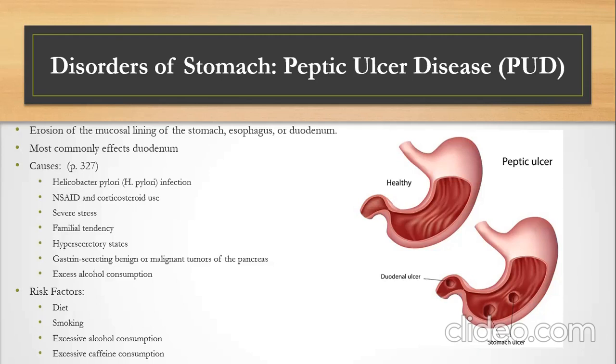Causes, most common cause of peptic ulcer disease is H. pylori infection. H. pylori is a bacteria. It's not really clear on how people get it because it could be foodborne, it could be person to person, it could be fecal oral.